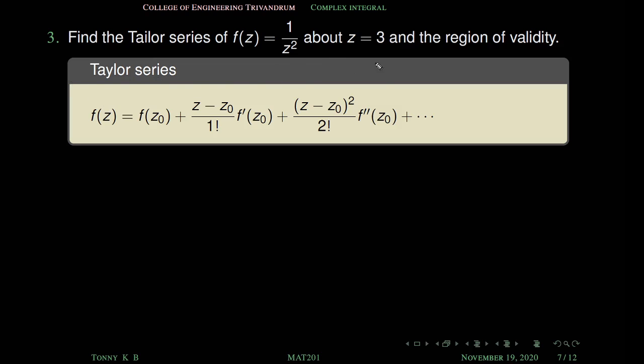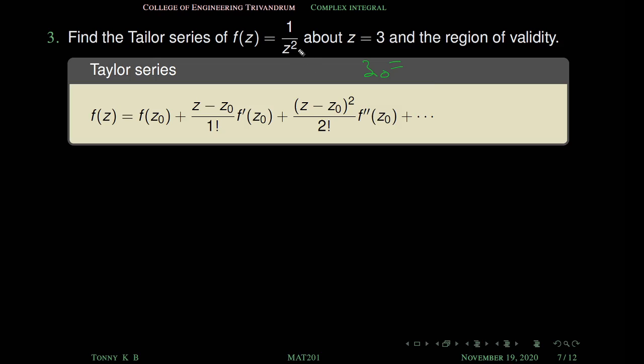What type of terms does its Taylor series contain? Z minus what? This is the Taylor series about z naught. So what is z naught in this example? Yes, z naught is 3.